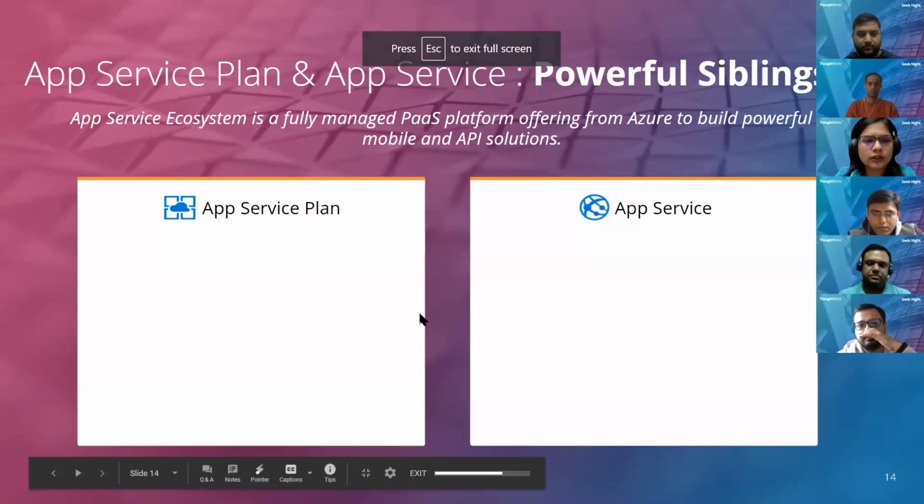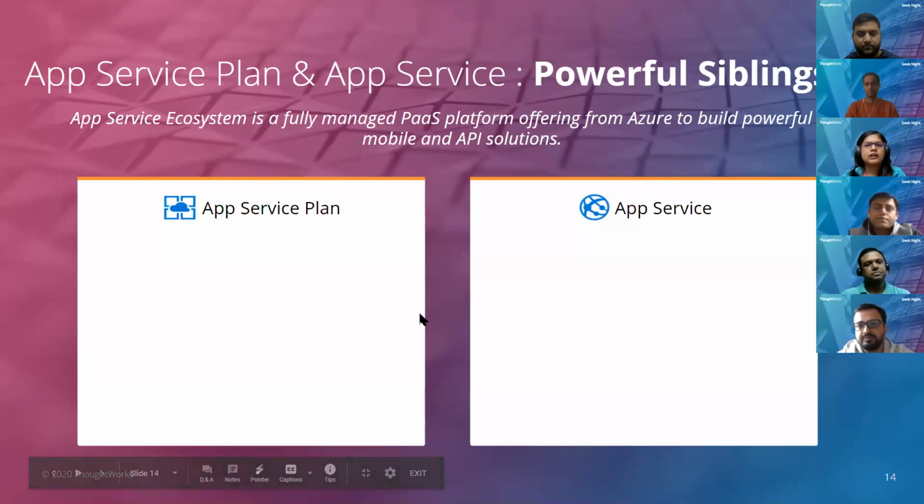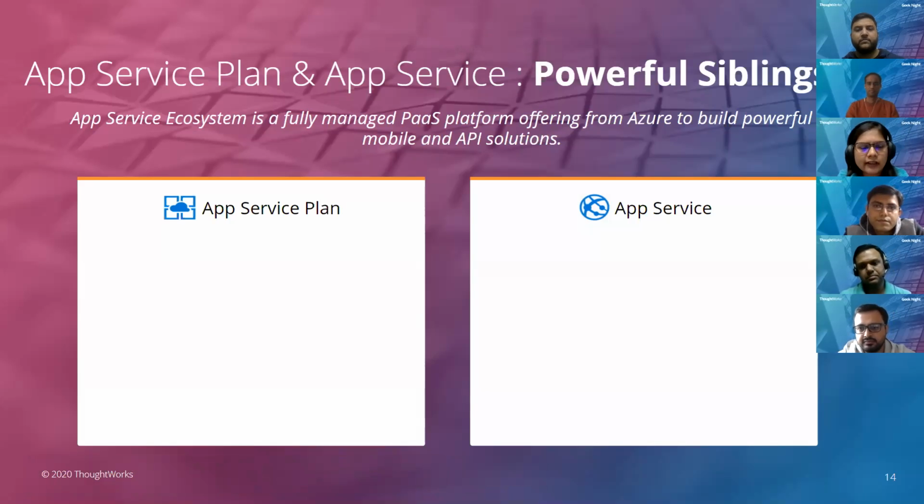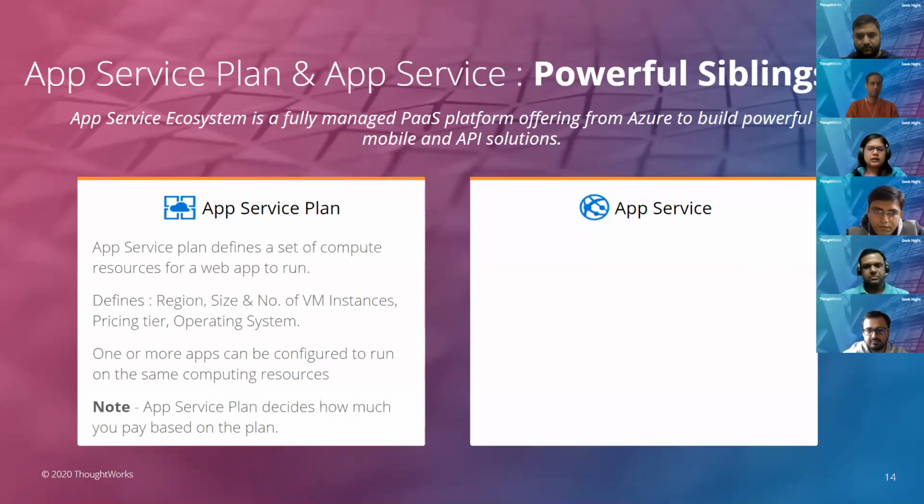Okay, so next we'll talk about app service plan and app service. As we have already discussed, app service is a fully managed PaaS platform, and let's talk about how app service plan comes into this picture. So app service plan is nothing but a container in which you deploy your application. For your application to run, you need a container where you define your resources.